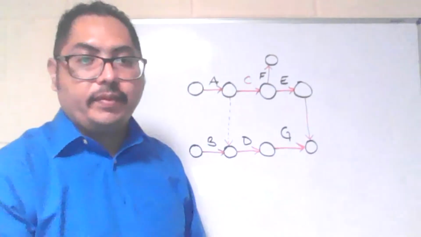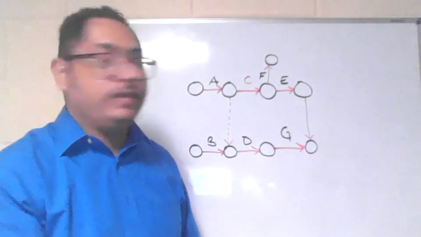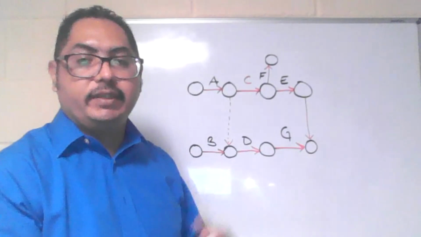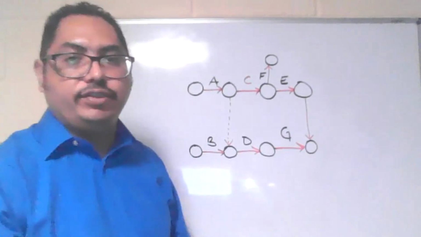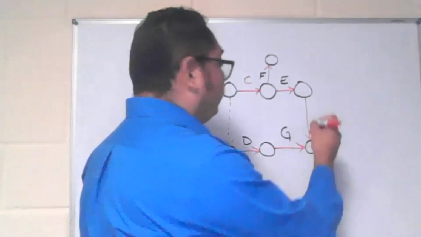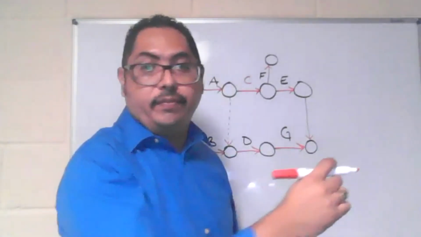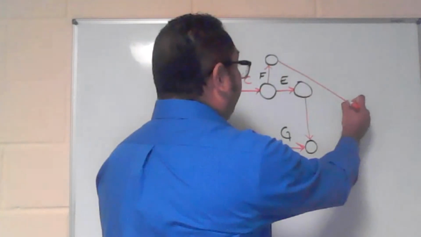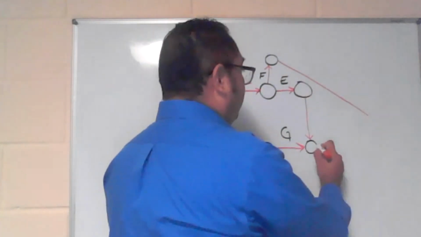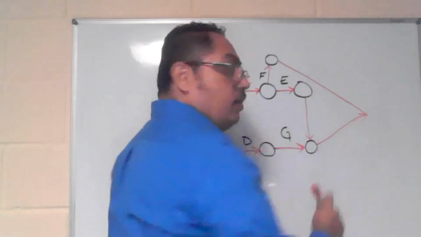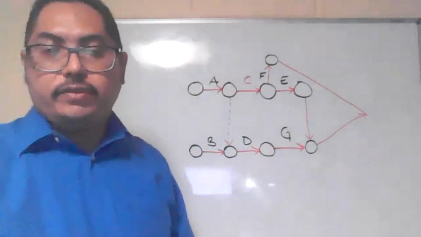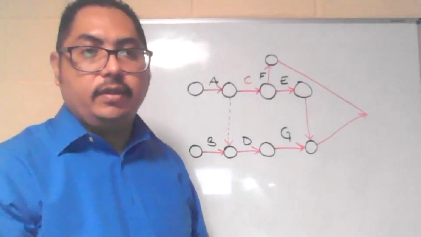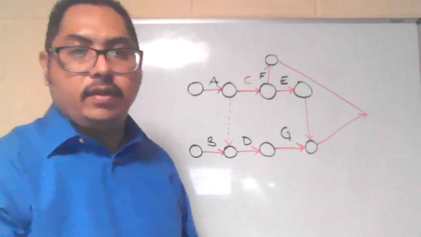And we have activity H, which is preceded by activities F and G. So we have F and G, which precede that activity, H.